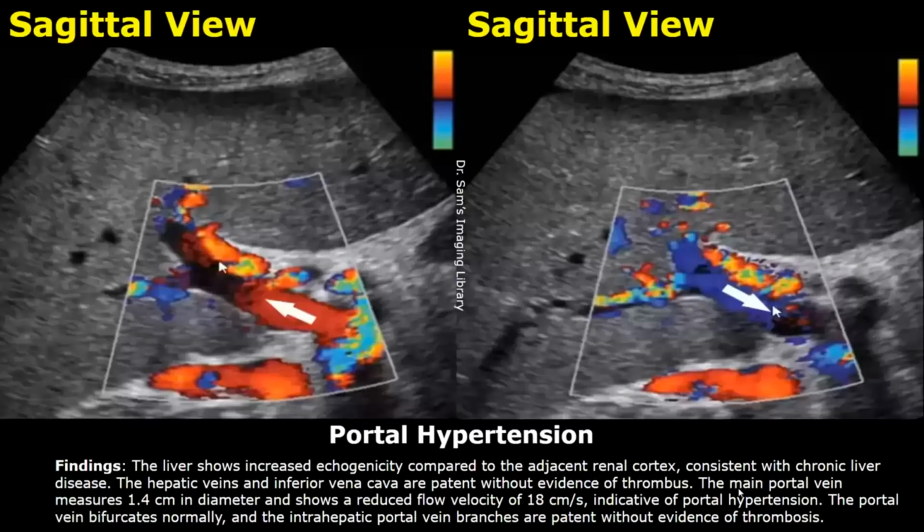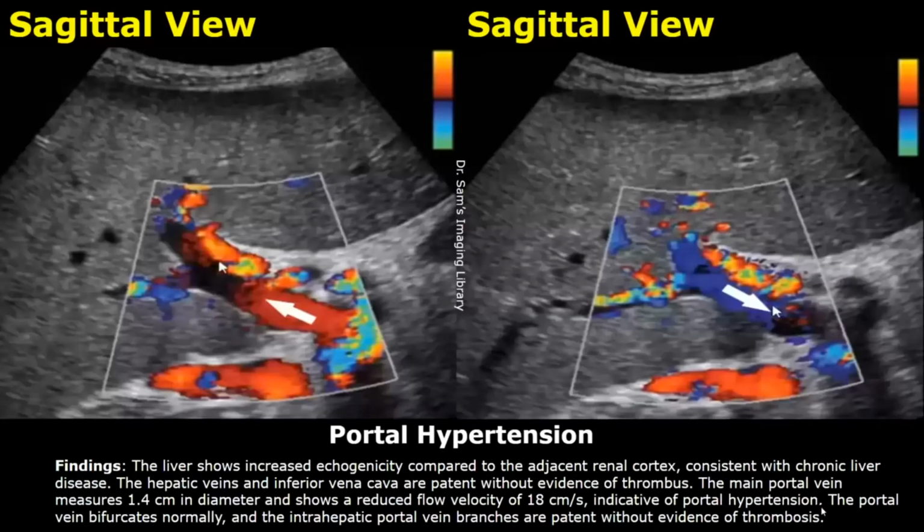Usually the portal vein will be dilated, as in this example it is 14 millimeters or 1.4 centimeters in diameter and shows a reduced flow velocity of 18 centimeters per second, indicative of portal hypertension.